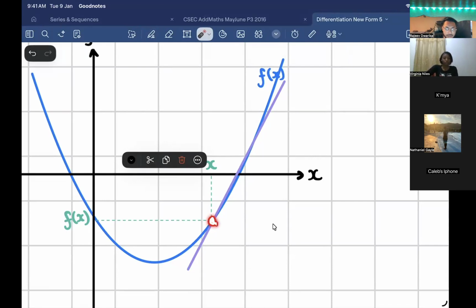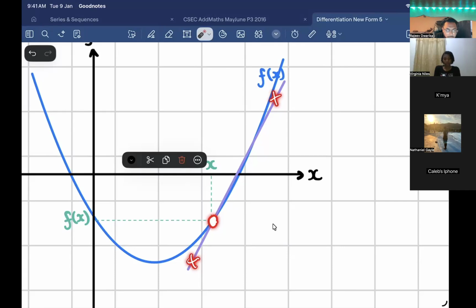No. Kamaya and Nathaniel, if I just draw this purple line over here, if I find the gradient of the purple line, will that be the actual gradient at this point? No, sir. Kamaya, yes or no?